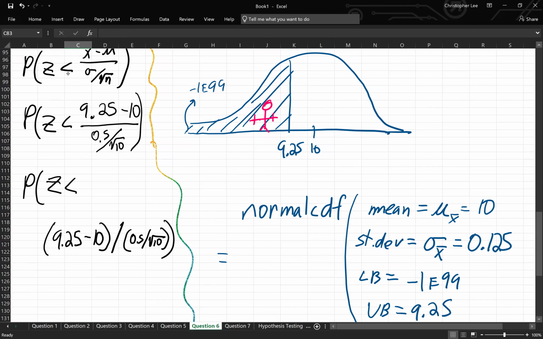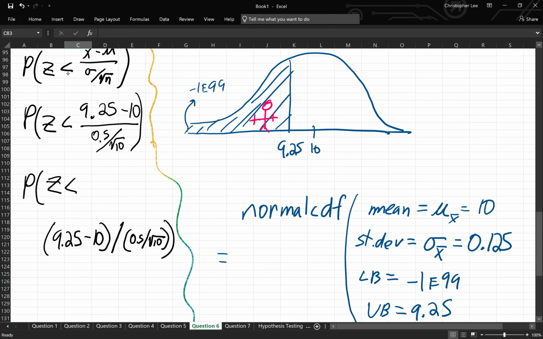Got that? This is how to type it in your calculator. Then you click enter.